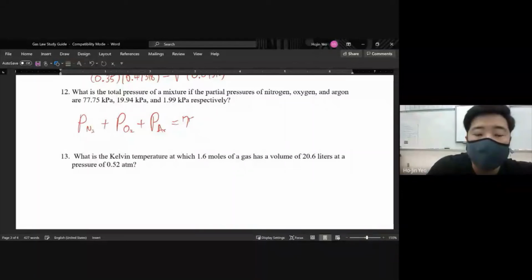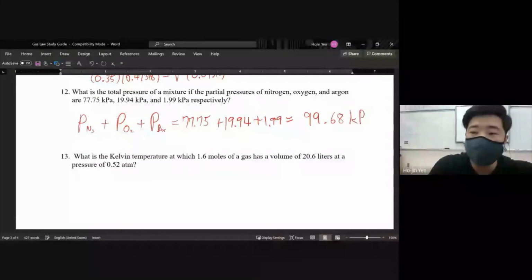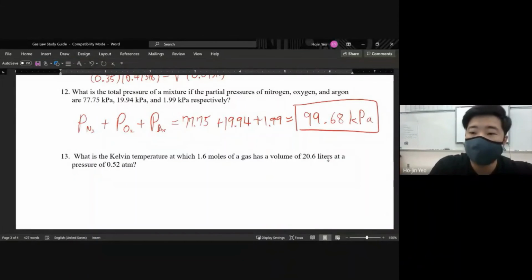So we're just simply going to add all of these numbers together to get the total pressure, which will give you 99.68 kPa.